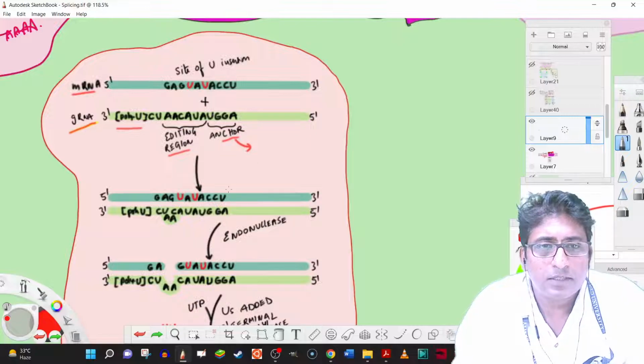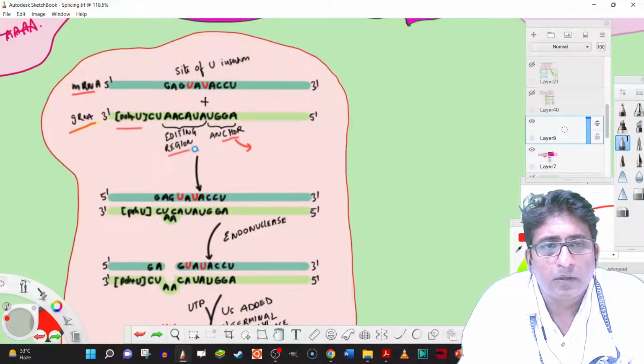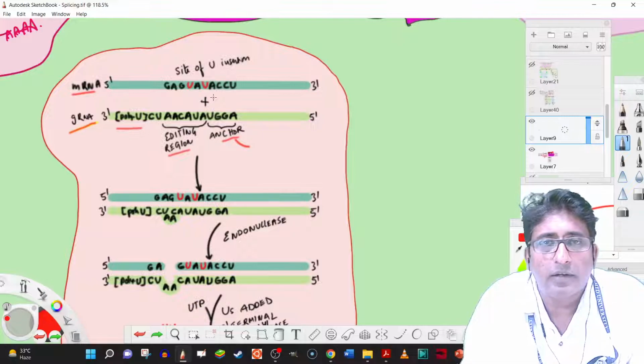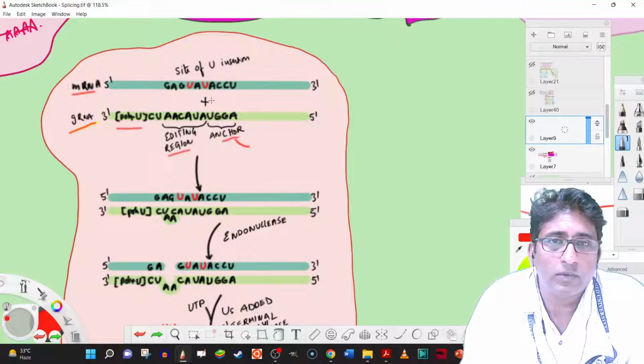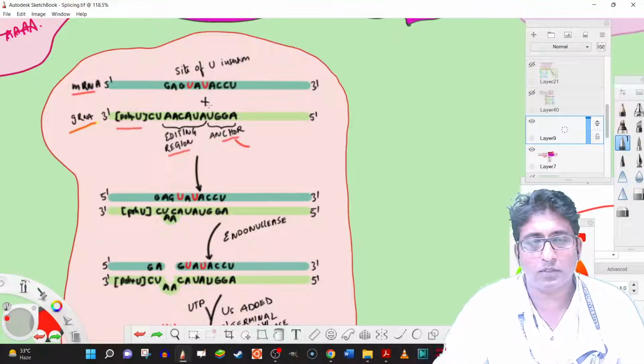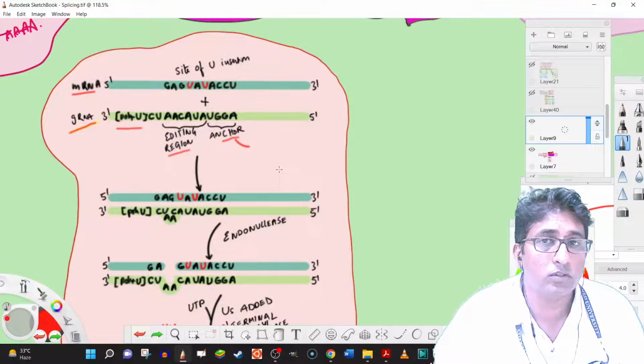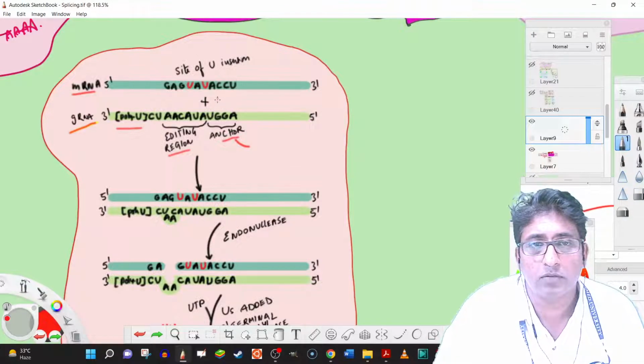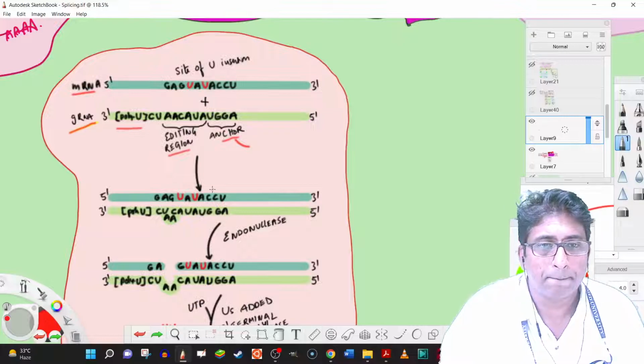So what happens here is the guide RNA base pairs with the target mRNA, and by base pairing we are inducing a certain degree of specificity, because of sequence homology or sequence complementarity, it's able to bind to the target RNA.